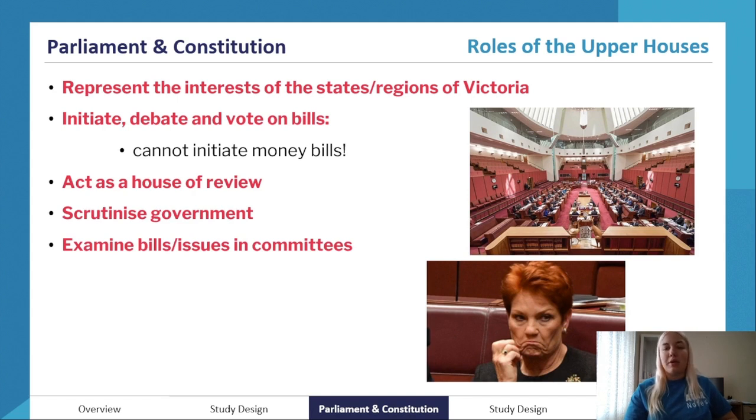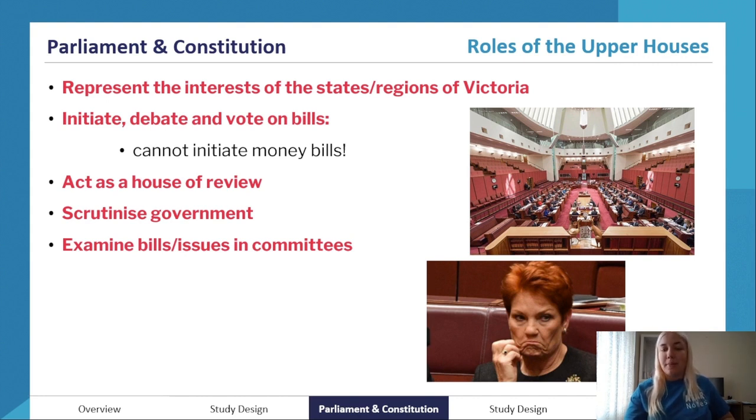Unlike the role of the lower house, which is to form representative government, meaning that we need to represent the views of the people in Australia, the upper house is representing the interests of the states at Commonwealth level, or the interests of the regions of Victoria at Victorian level.